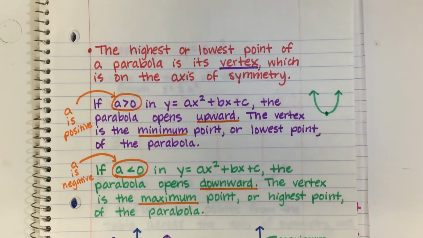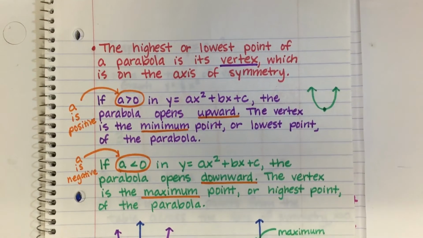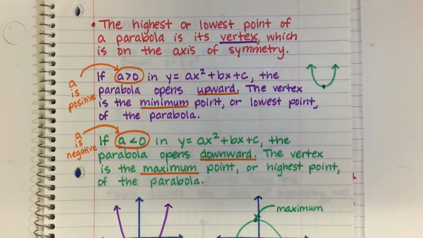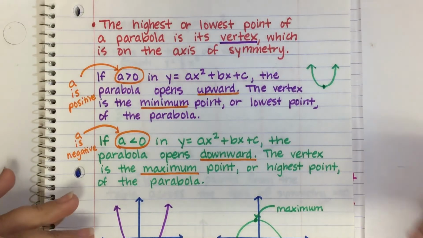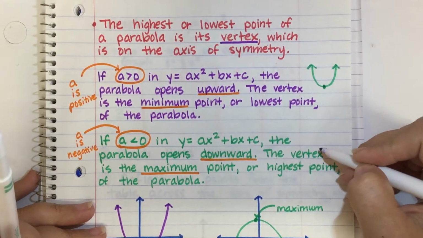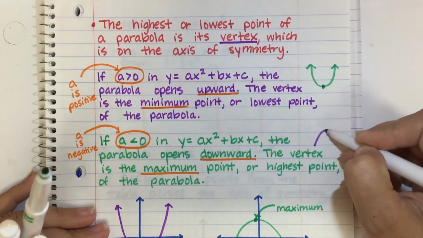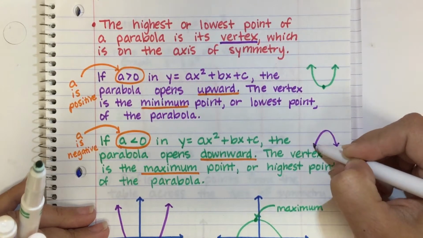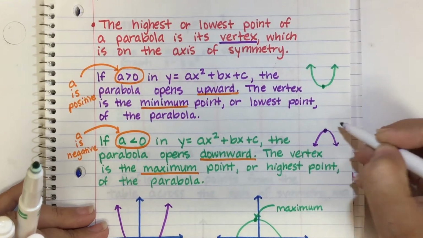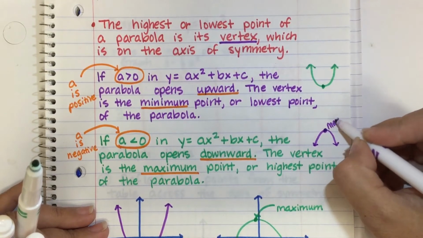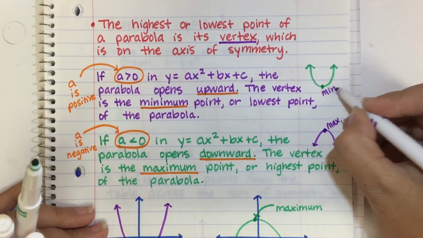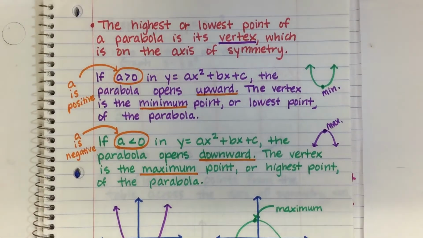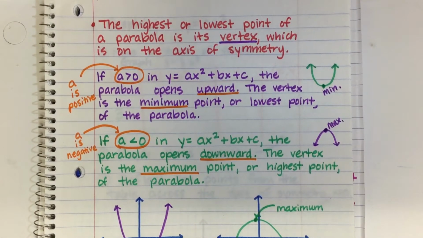If a is less than 0, in y equals ax squared plus bx plus c, then the parabola opens downward and the vertex is a maximum point or the highest point. So if your a is negative, your parabola is going to look like this, and this is going to be your maximum, and this was your minimum. It's like at the bottom is a minimum, at the top is a maximum.